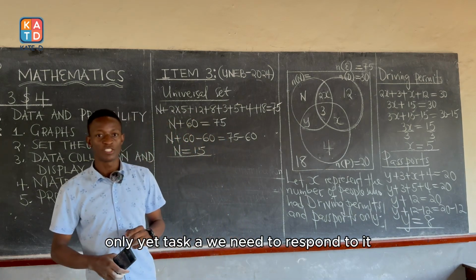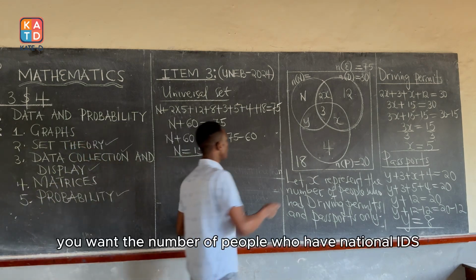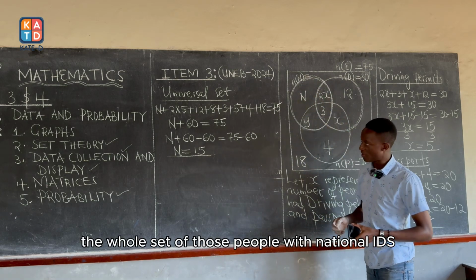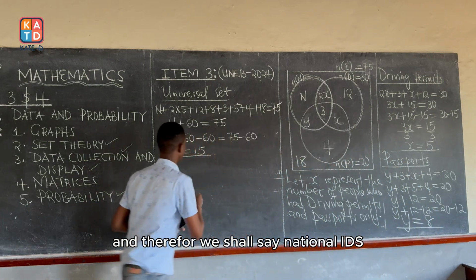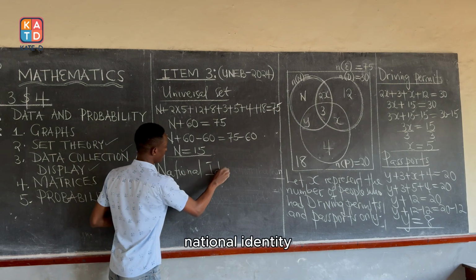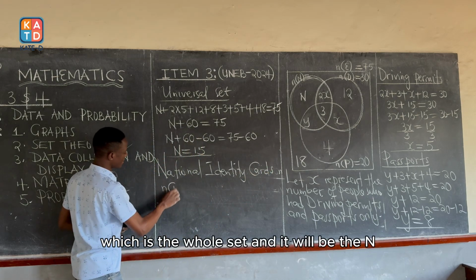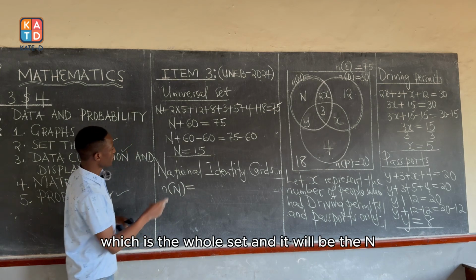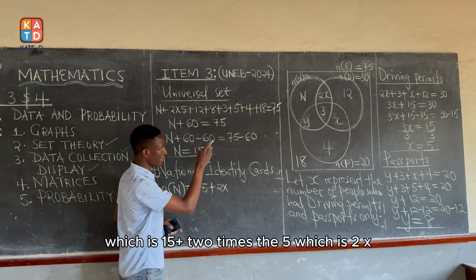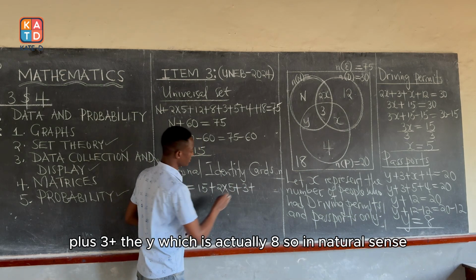Yet task A, we need to respond to it. It wants the number of people who have national IDs. And when you want the number of people who have national IDs, this is the whole number, the whole set of those people with national IDs. And therefore, we shall say national identity cards, which is the whole set, and it will be the n, which is 15, plus 2 times the 5, which is 2x, plus 3, plus the y, which is actually 8.